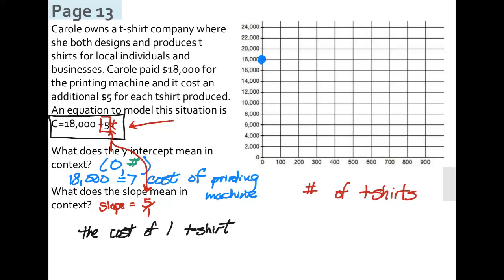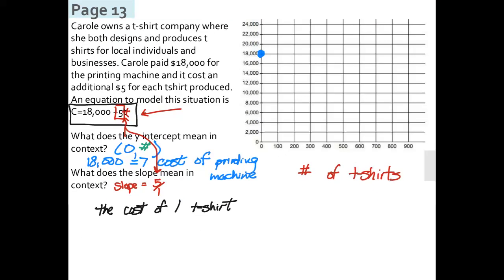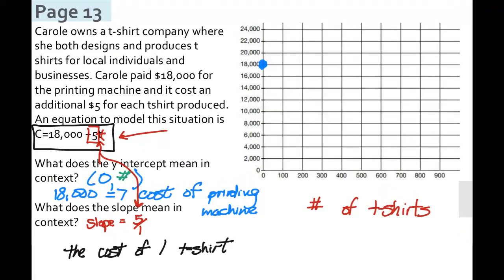Now, notice here, ours are going by 100. So if I got 100 t-shirts, how much would that cost her? 500. And if you look at your y-axis, 100 t-shirts would be 18,500. That's only a quarter of the way up. If you get 200, that's going to be 1,000.